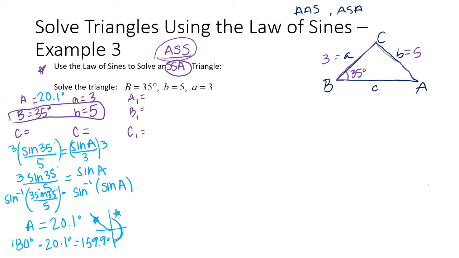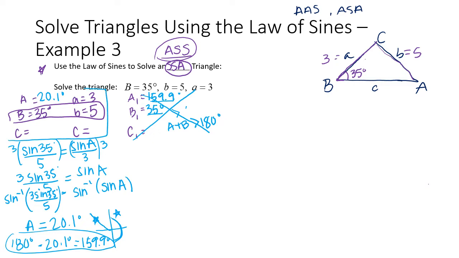So if I had a second triangle, I would find that second angle by doing this, and I'd get 159.9. Right off the bat, I can tell there's not going to be more than one triangle, because when I add these two angles together, they're more than 180. So angle A plus angle B is higher than 180 degrees, and you can only have 180 degrees in a triangle. So that tells me there's only one solution to this triangle, which is great.